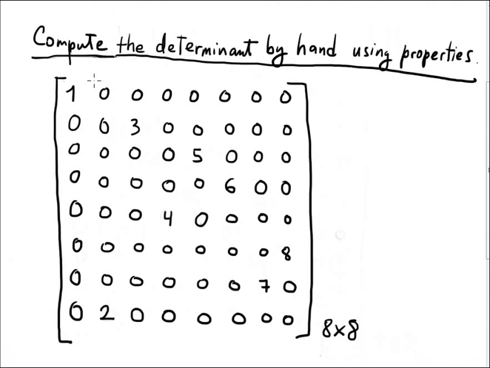Okay, this question is to compute the determinant by hand using the properties. And this determinant is of dimension 8 by 8. Wow, too big. But we're using the properties, which help to simplify. For example, I saw every row contains only one number and the rest is 0. For example, row 1 has 1 here and the rest is 0.